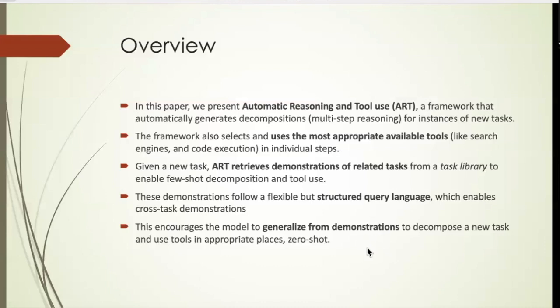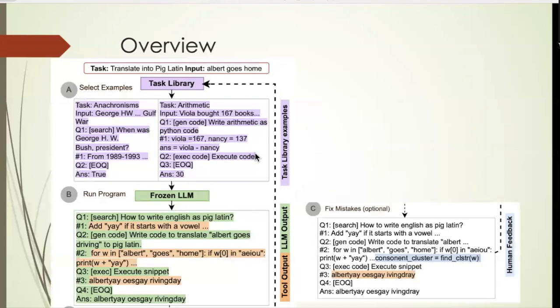And also to understand this, I'm going to introduce some of the related literature for you to understand the concept. So these are examples presented in the ART paper. They have a task library. The task library, you can think of it as the few shot examples, right? So they figure out different types of tasks.